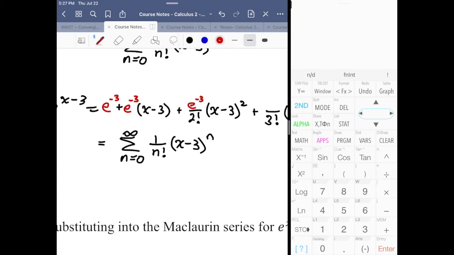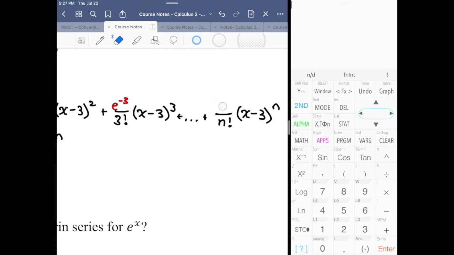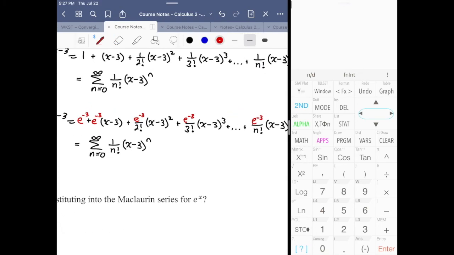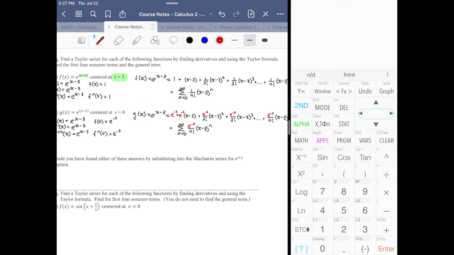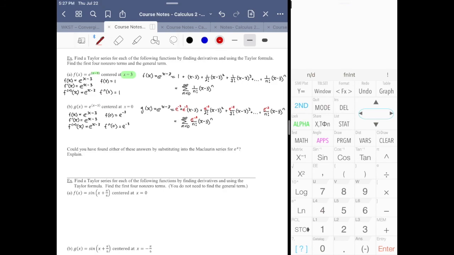But every step of the way beyond that, it's more obvious. And so my general rule is just going to be whatever it was before multiplied by my new derivative. Instead of my derivative being a 1, I'm going to multiply through by e to the negative 3rd.